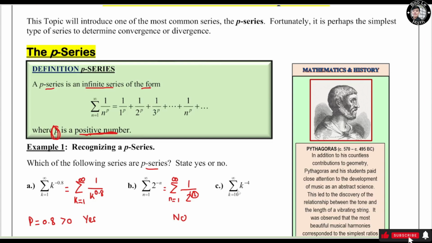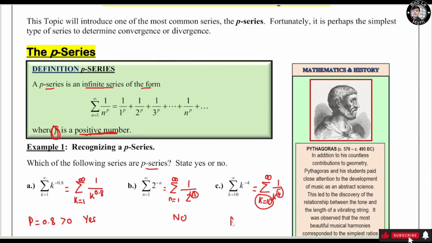Now question C, it's going to be sigma of 1 over k to the 4 when k goes from 10 to infinity. Now, the starting index does not affect the convergence, so we don't have to worry about this one. What we need to worry about is this exponent right here.